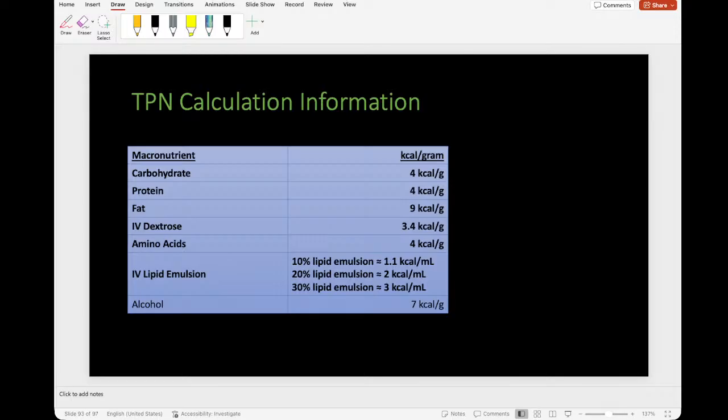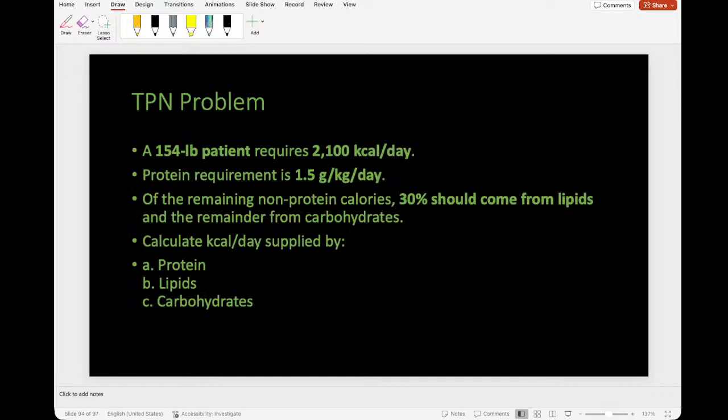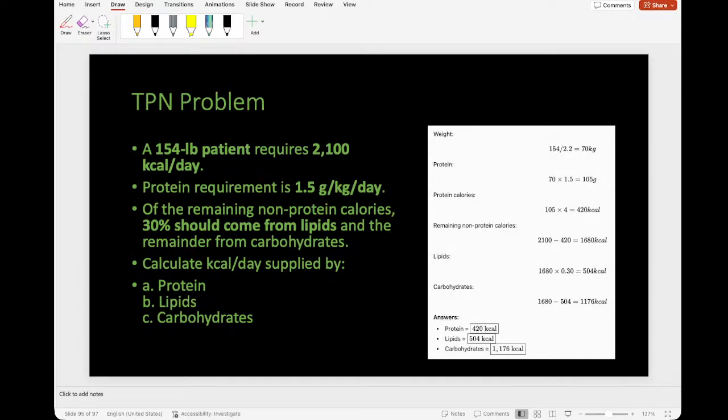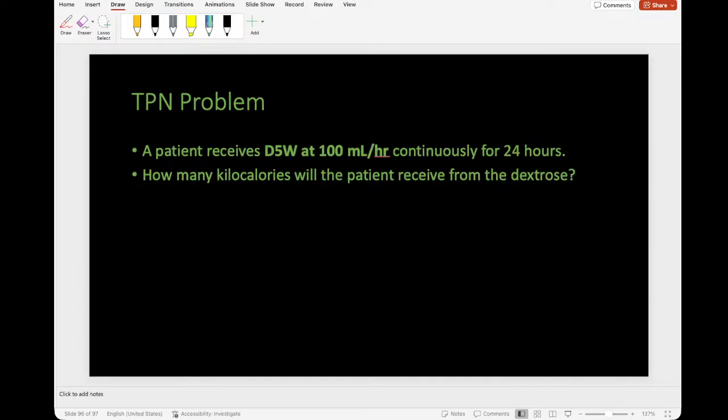Some of these you're going to have to memorize, like the lipid emulsion, amino acids, dextrose, fat, protein, and carbohydrate values. You should know all those when you're studying for the test. And this is a practice problem using those concepts.